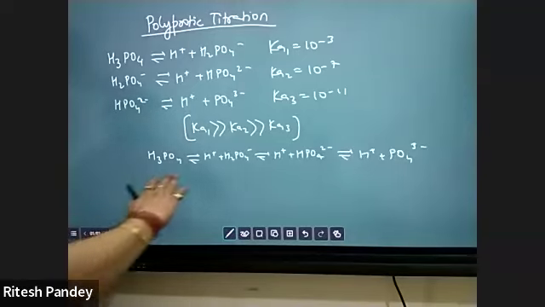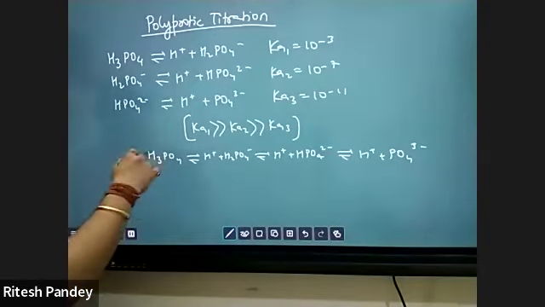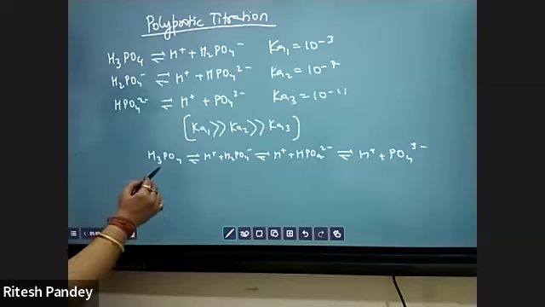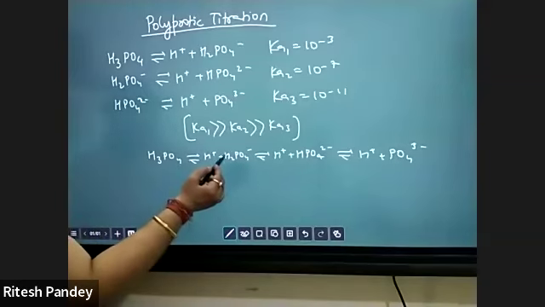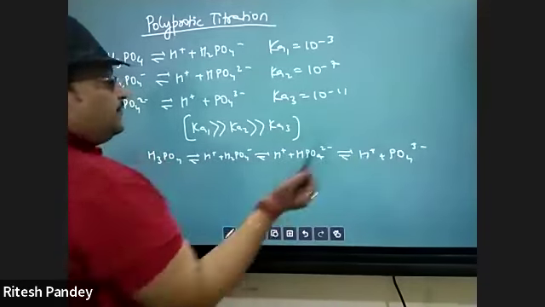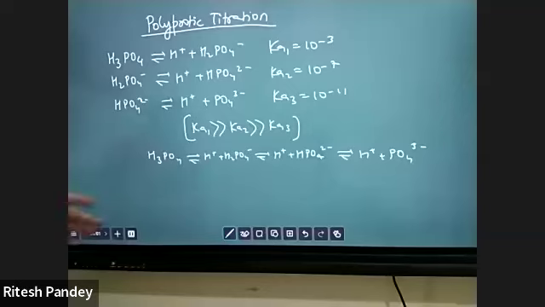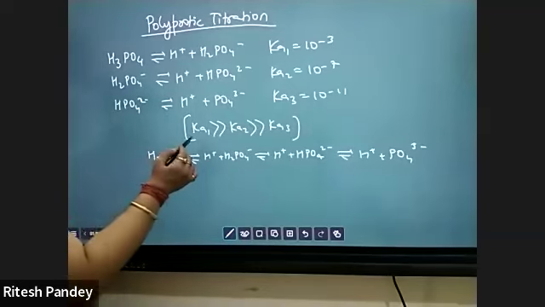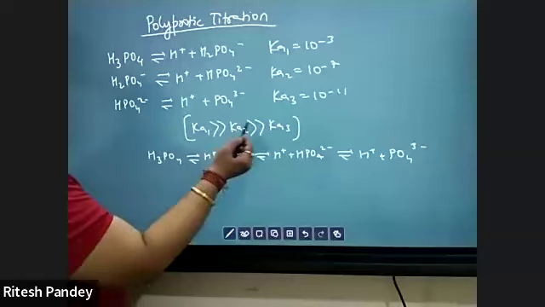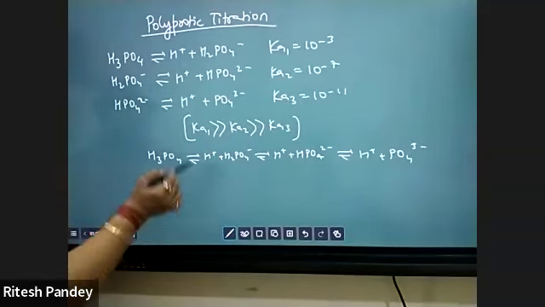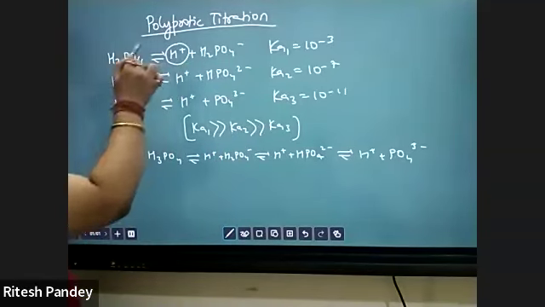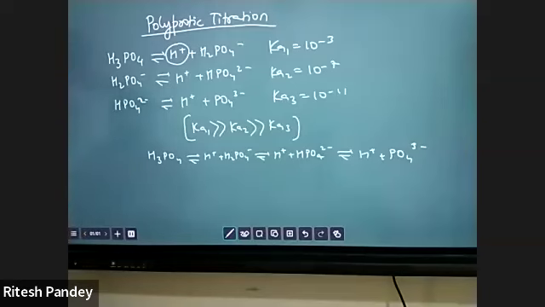So basically, they're all going to coexist. When you have phosphoric acid put in water, you have phosphoric acid as well as H2PO4 minus, as well as HPO4 2 minus, as well as PO4 3 minus. They're all going to coexist. But a very high value of K1 compared to K2 compared to K3 would mean that H plus would come primarily from H3PO4.